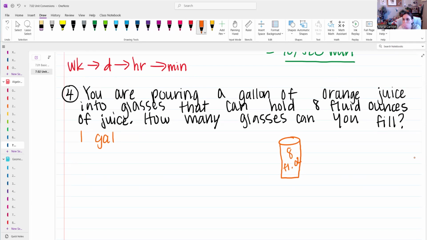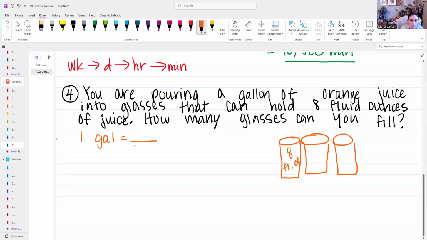So I want to know how many of these cups, imagine that they're all the same, we can fill with our 1 big gallon of juice. So I really need to figure out how many fluid ounces this is.